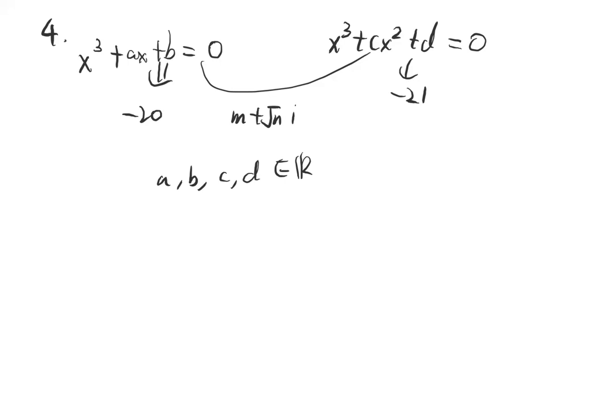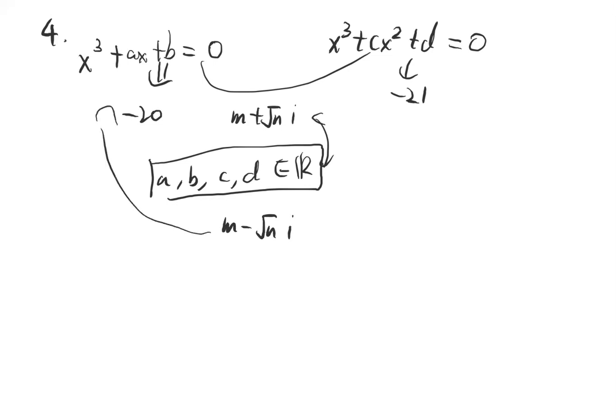So basically, this is also a small tip. The reason why they always say a, b, c, d have to be real numbers is because they always provide a complex root. And if both of these conditions are in the same question, you immediately know that the conjugate of this root is also a root of these 2 equations.